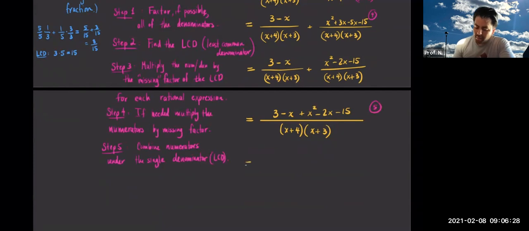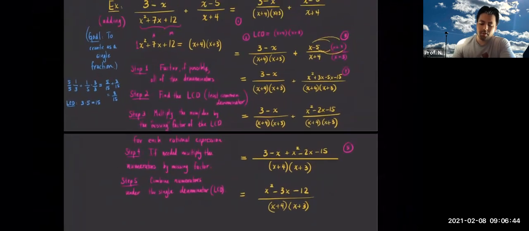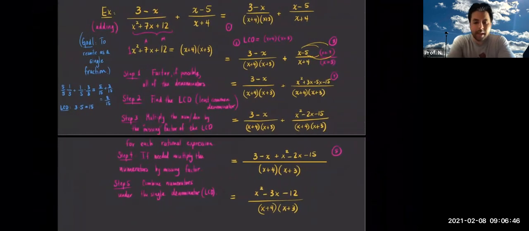And then when I combine like terms, I'm left with x squared minus 3x minus 12 all over (x plus 4)(x plus 3). So awesome. Look what we've done. We went from having two fractions that are being added to one another to now having a single fraction. So our goal is completed.